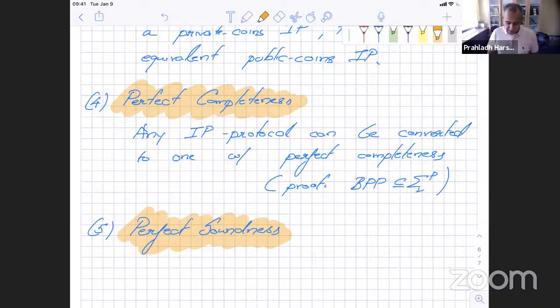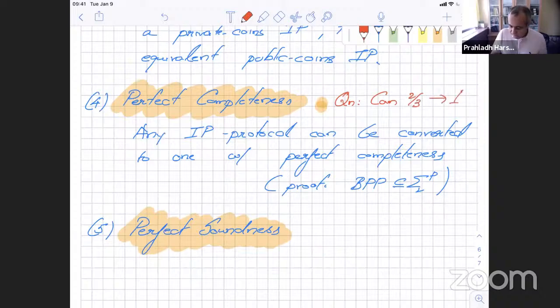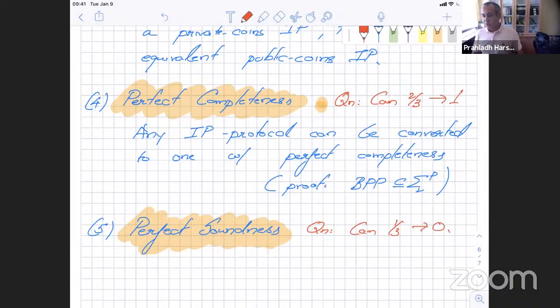Let's ask that. The question here was, can 2/3 be increased to 1? And the question here is, can 1/3 be reduced to 0? Can you drive the soundness error from 1/3 to 0?